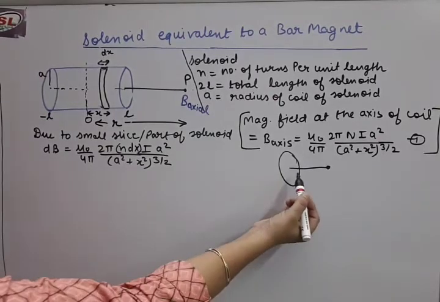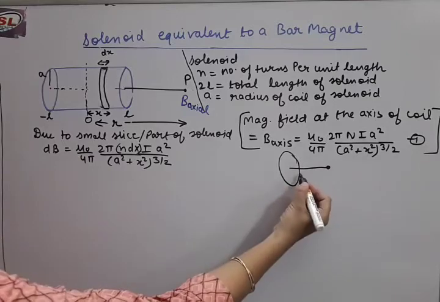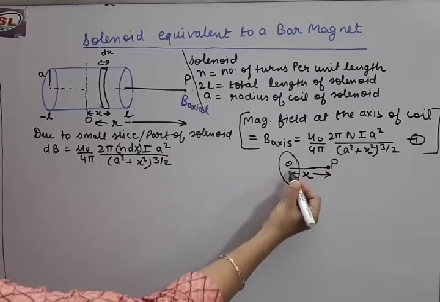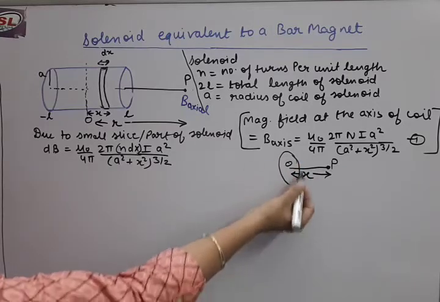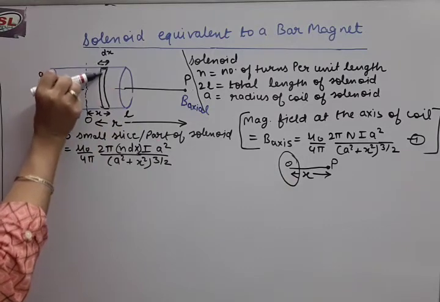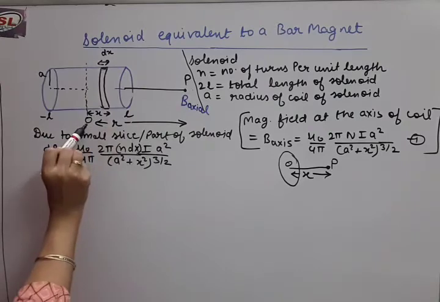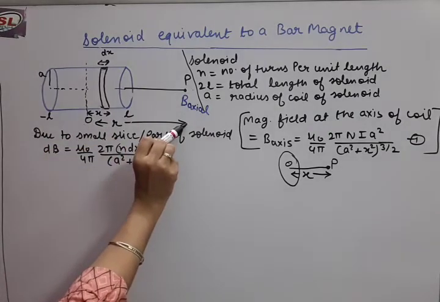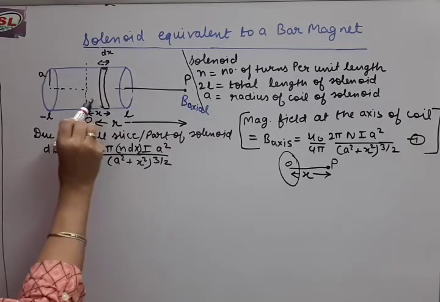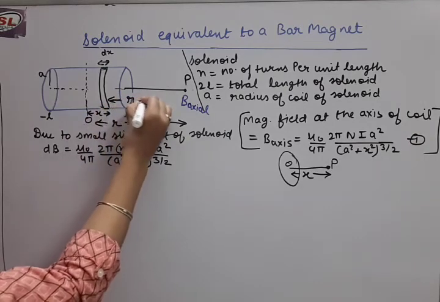In the same manner, what is the next replacement? In this formula, this x is actually the distance of the point from the center of that coil. So here also we need to take the distance of the point. The total distance OP is r, from that this is the x distance, so the remaining distance is r minus x.